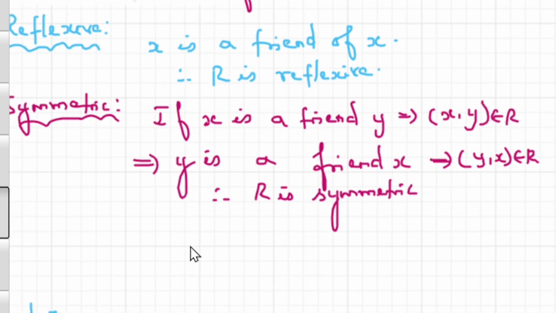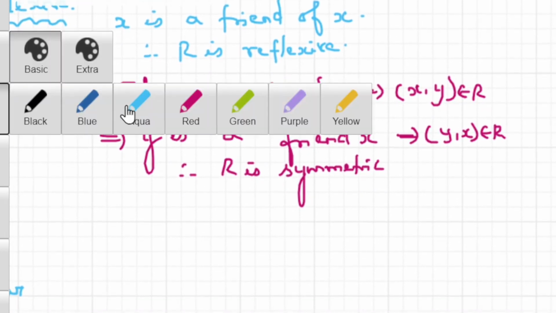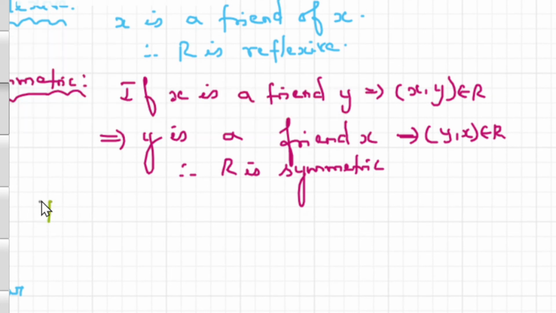Then next we are going to check for transitive.